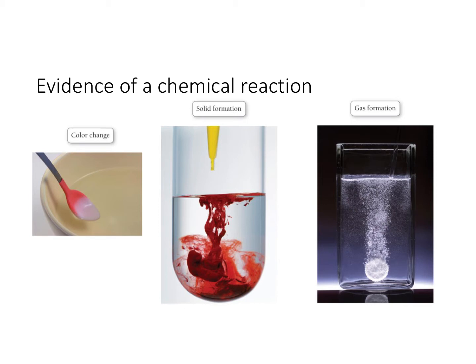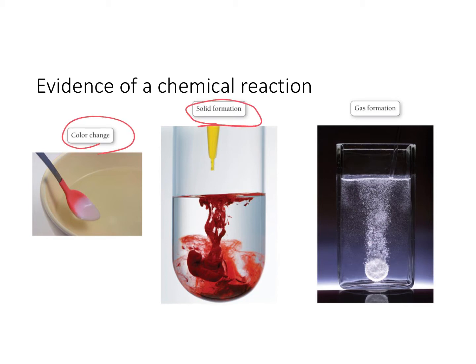If you have a plastic spoon and you microwave it over the course of time, as this spoon shows here, you see color change. Why does that happen? Because we have a chemical change, a chemical reaction. So that can be an evidence of a chemical reaction.